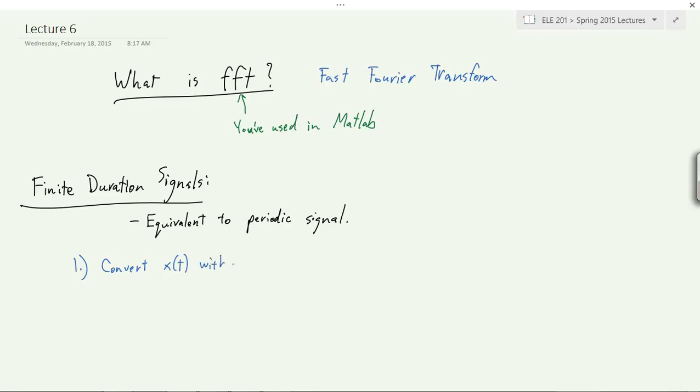So let's say x of t has period cap T. So let's convert it to a finite duration simply by saying drop everything except one period.